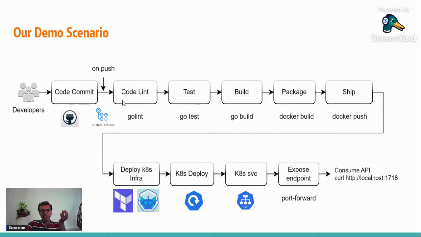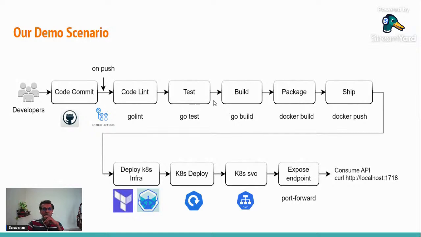If there are any errors, the pipeline immediately stops and sends feedback to the developer. It shows the error in the log, and we can also notify whoever developed it.